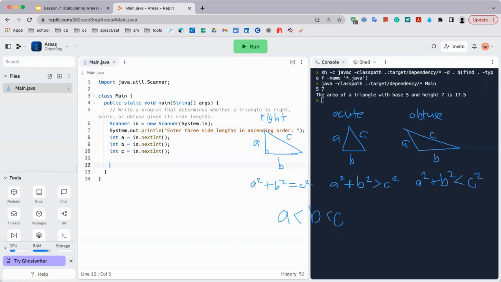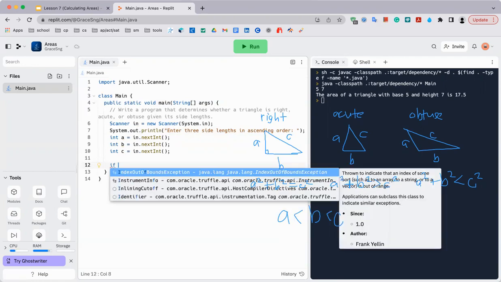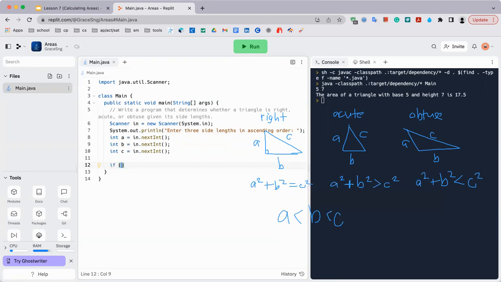Okay, so now how can we go about determining whether this triangle is right, acute, or obtuse? If if statements came to your mind, then you are absolutely correct. That's what we're going to use. So let's first start with the most simple case, a right triangle. In the case of a right triangle, A squared plus B squared equals C squared.